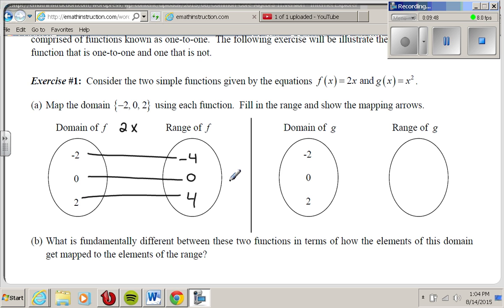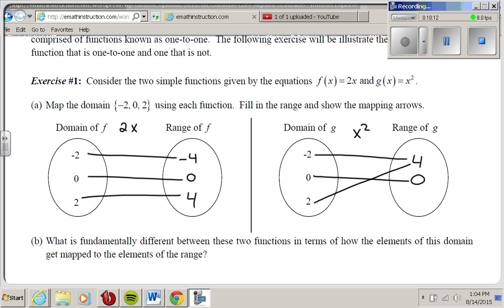One element of my domain gets mapped to one element of my range. Now when I go over to a quadratic, my parent function x squared, when I have negative 2 and I evaluate, I get 4. 0, I get 0, and 2, I get 4. Well, 2 elements in my domain are mapping to 1 element in my range.